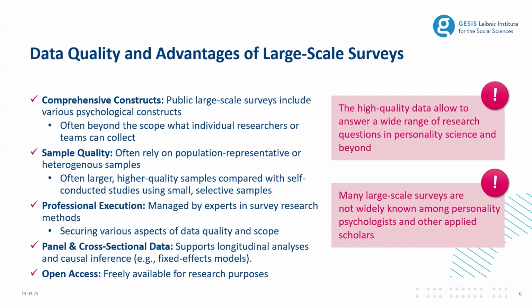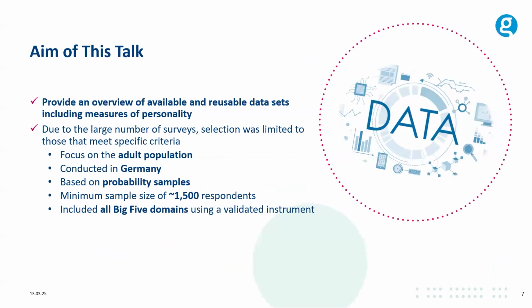However, most of them, as I mentioned also earlier, are not widely known, and this gave us the idea to develop an overview of available and reusable data sets, including measures of personality. And as there are so many of them, we needed to restrict our selection to specific study criteria.